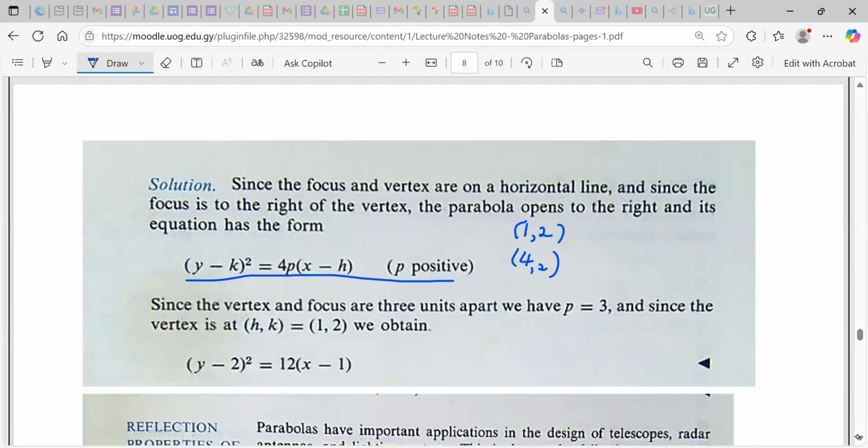And the fact that you are seeing this 2 right away should give you an idea that the axis of your parabola is looking like something maybe like this here, y equals 2.